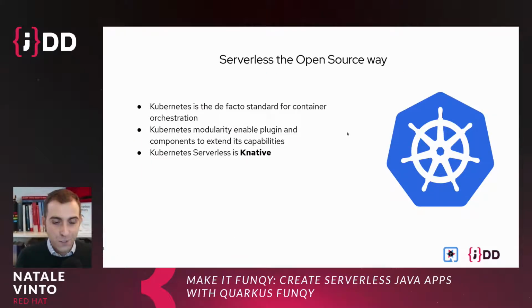Well, one of the answers is also doing serverless the open source way. There are some open source serverless projects which are agnostic. Kubernetes is today the de facto standard for container orchestration, and most of the time is our target platform. We mostly would like to run our application on Kubernetes. Kubernetes serverless is called Knative.